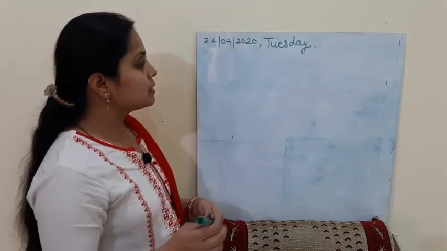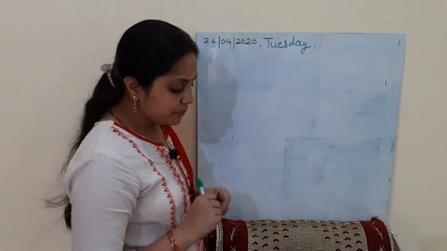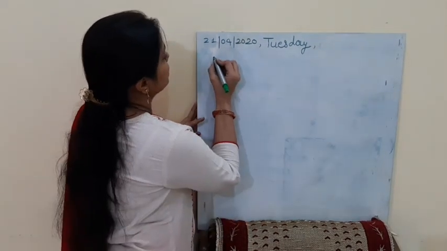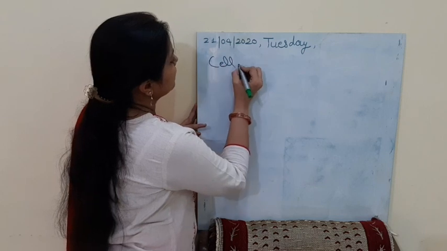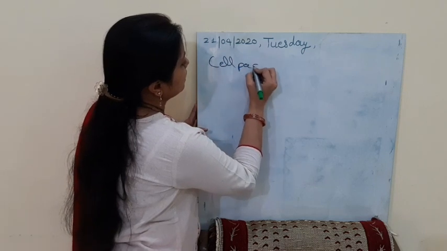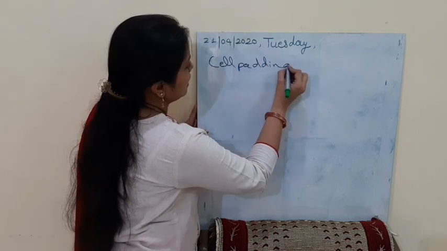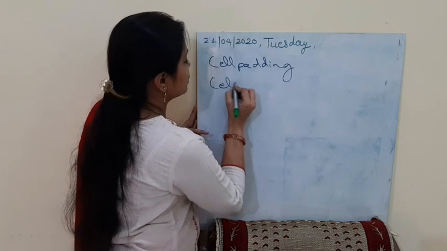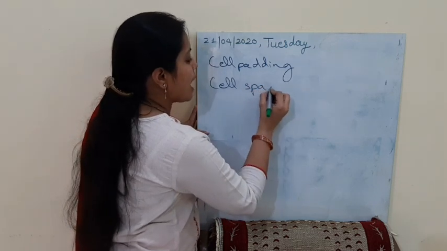Now, two important things that I am going to talk about today are cell padding and cell spacing. These are two important attributes.